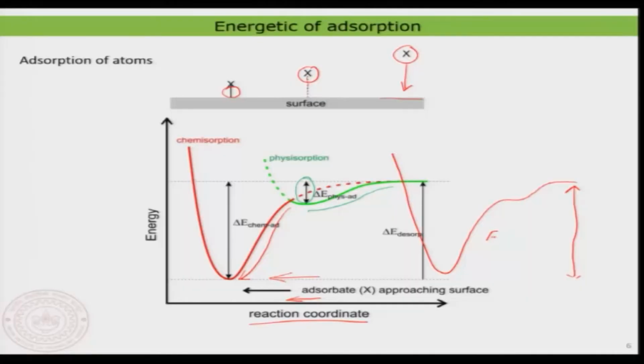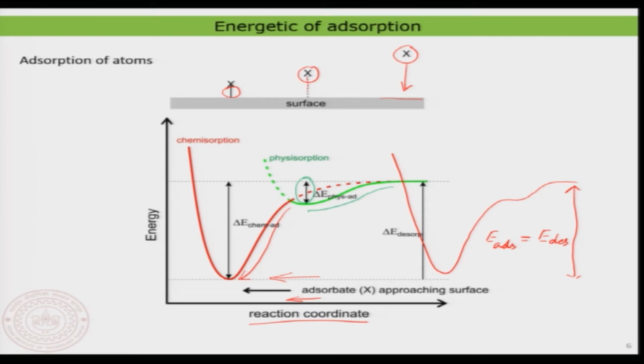So, let us call this one the energy of adsorption, which is also equal to the energy of desorption. You would find this terminology slightly different, but you can always call it the energy of desorption and the energy of adsorption. But the only difference is that their signs are going to be changed, right.